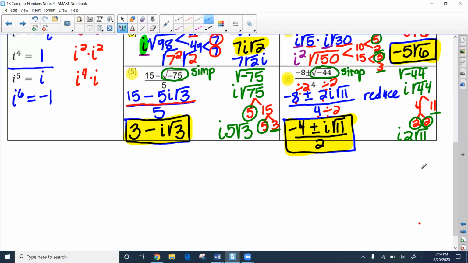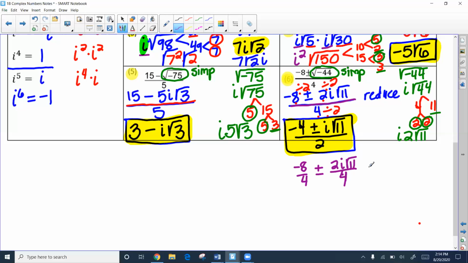Another way we could do this, since the whole expression is over 4, I could write each part over 4 separately, like this: negative 8 over 4 plus or minus 2i square root of 11 over 4. So divide each part by 4.